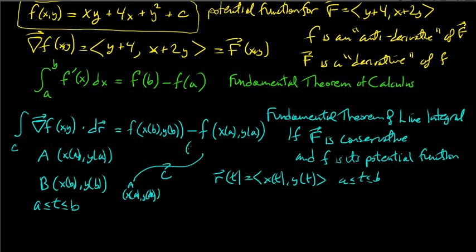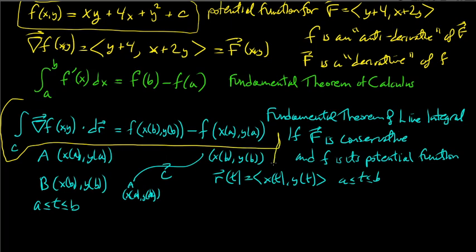And then for point B, the coordinates are x evaluated at b, y evaluated at b. Anyways, I think I messed that up here. Let me squeeze that in here. Okay, that's a little better. Yeah, so this statement here is the fundamental theorem of line integrals.